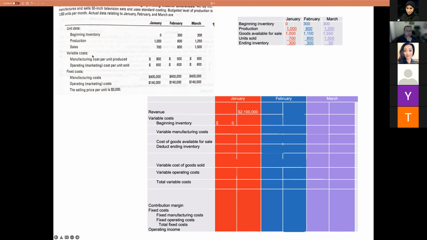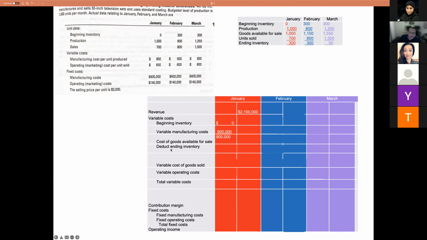And the unit manufacturing cost is variable 900. So 900 times 1,000 is 900,000. When I add these two together, that's the cost of goods available for sale. 0 plus 900,000 is 900,000.